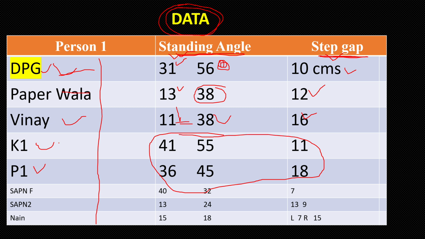K1 and K2 are siblings, female siblings, and they have very, very similar facial features. Even an unknown person may get confused by seeing them, but when we observe, this is K1 and another person is 55 and 45.